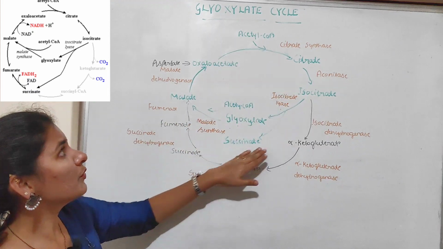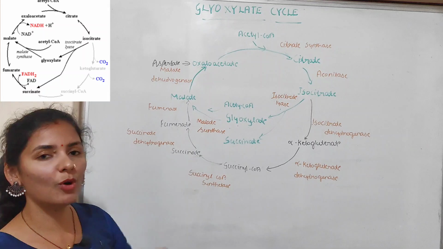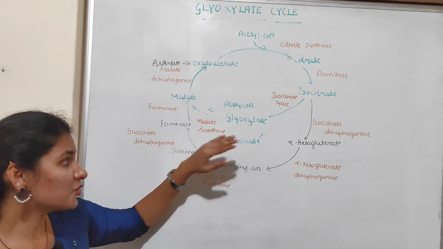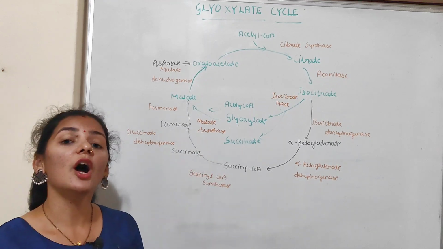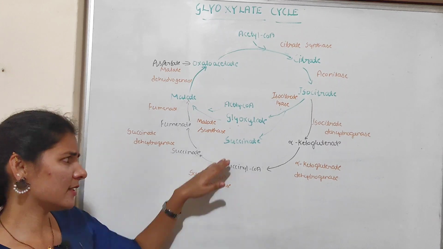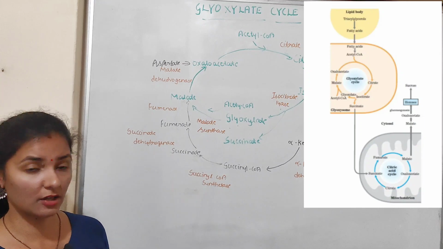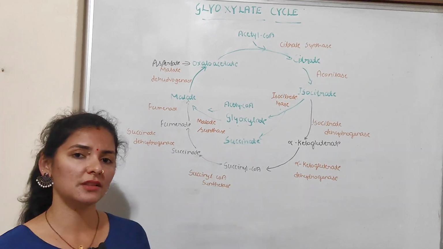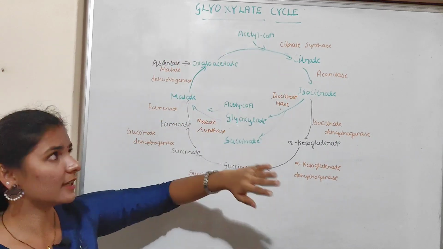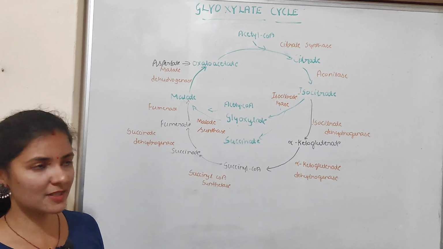In one turn of the glyoxylate cycle, two acetyl-CoA are utilized to produce one molecule of succinate, and this succinate is of great significance because in most cases it undergoes gluconeogenesis to produce glucose or carbohydrate, whereas in some cases this succinate may even enter the Krebs cycle, or citric acid cycle, or it may be used as a precursor to synthesize some amino acids.